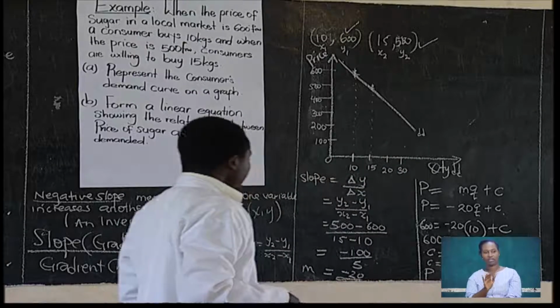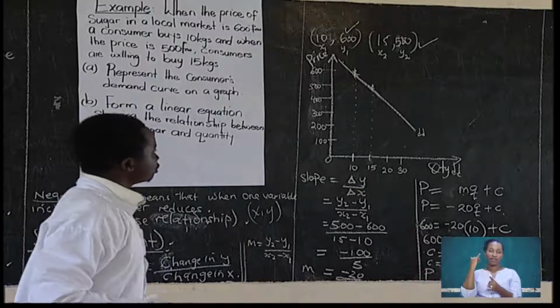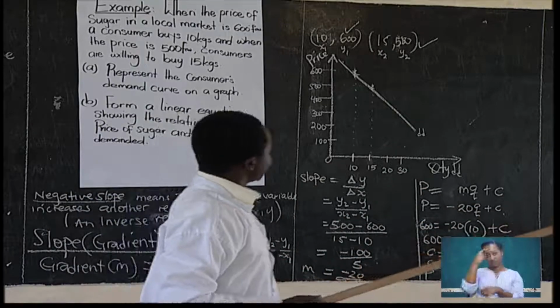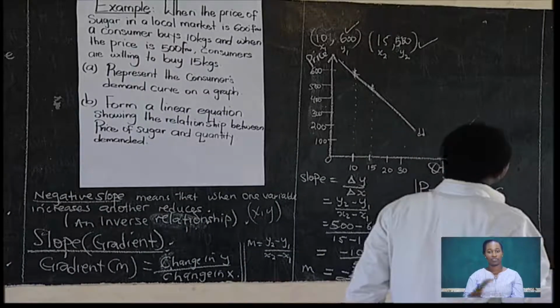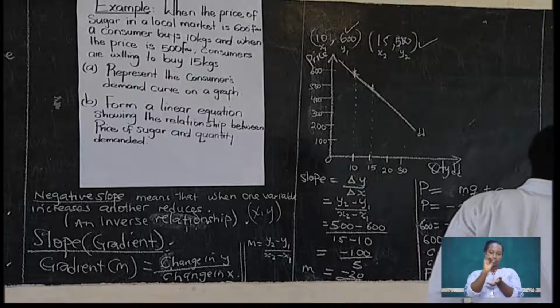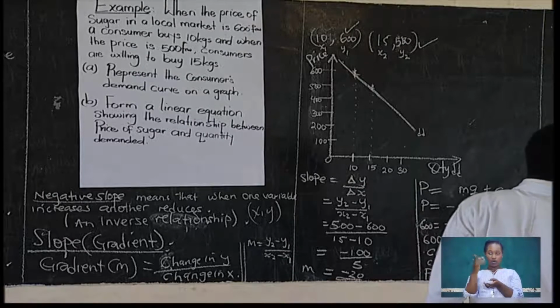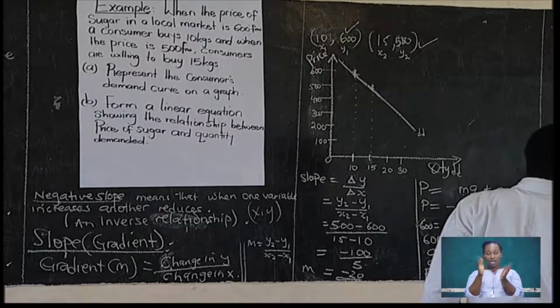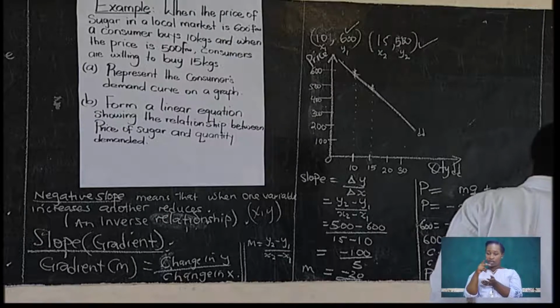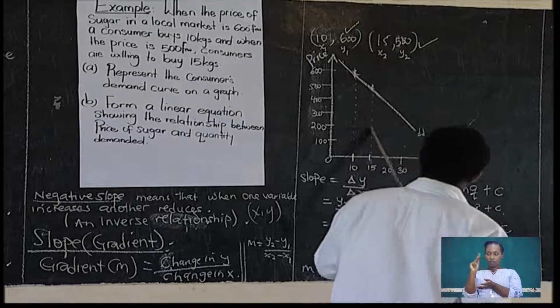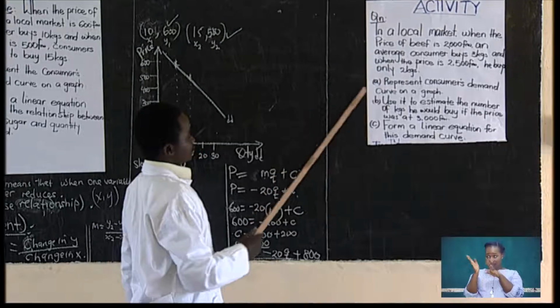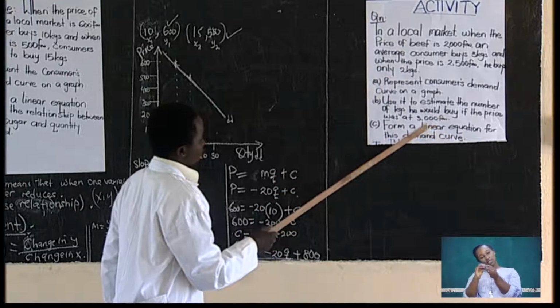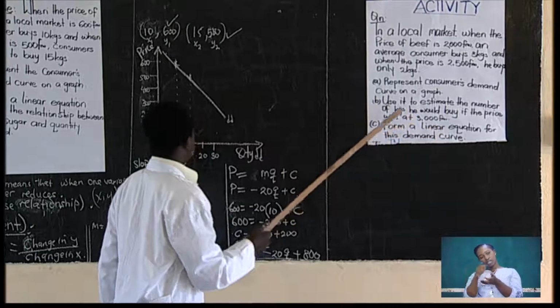Then, before I finish up, I have an activity for you. In a local market, when the price of beef is this, an average consumer buys 3 kilograms. And when the price is this, he buys only 2 kilograms. I want you to represent this on a graph like this. Then from there, you will estimate the number of kilograms he would buy at a given price.